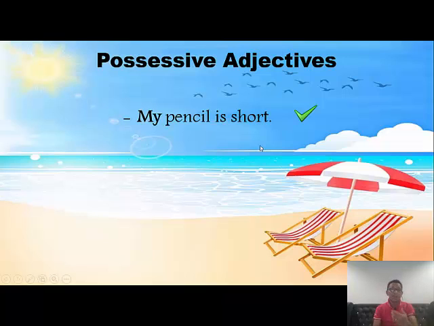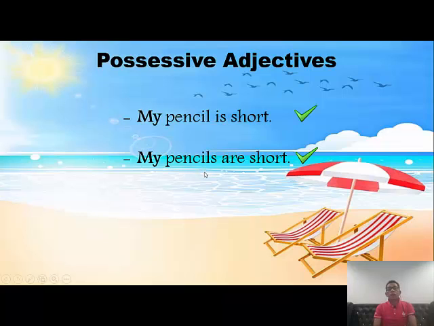So you possess the pencil. You own the pencil. And my pencils are short. Now, what's the difference between these two sentences? Look at the noun here, pencil and pencils. So in the first sentence, pencil is singular, and in the second sentence it is plural, right?